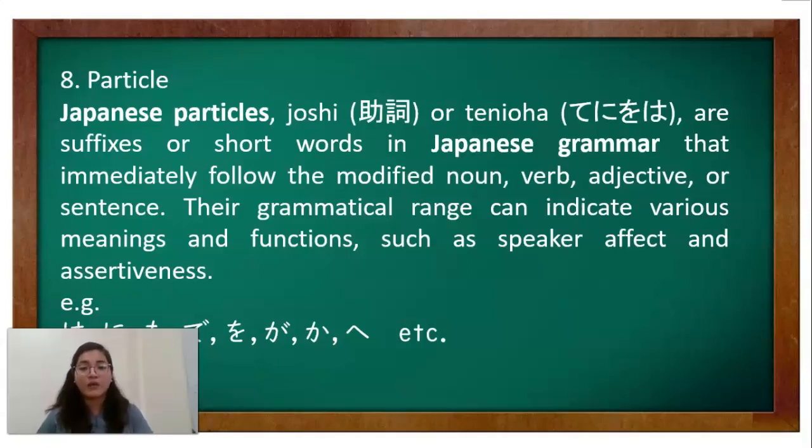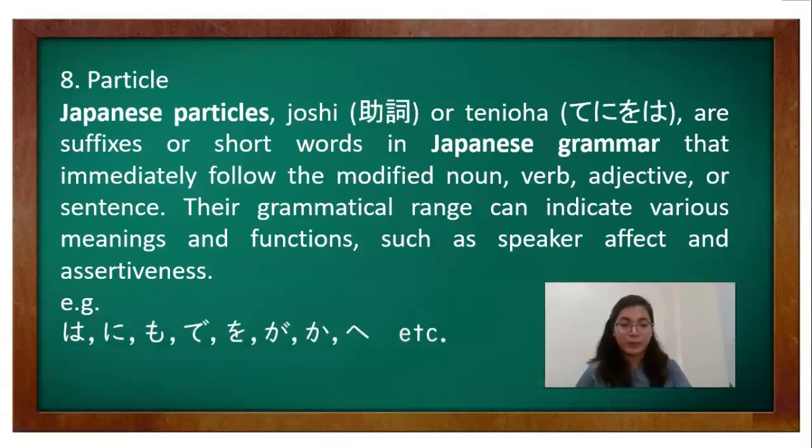Their grammatical range can indicate various meanings and functions such as speaker effect and assertiveness. Here are examples of these particles: wa, ni, mo, de, o, ga, ka, and so on.